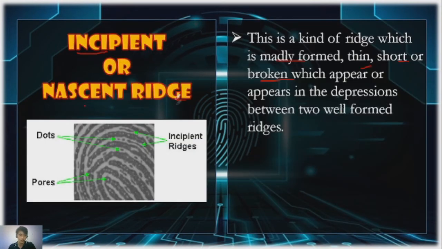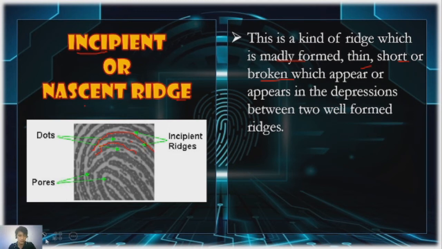Usually it doesn't have the same thickness as the surrounding ridges. As you can see in this illustration, we have here some ridges with the same thickness, but on the center part there is a single ridge that doesn't have the same thickness.